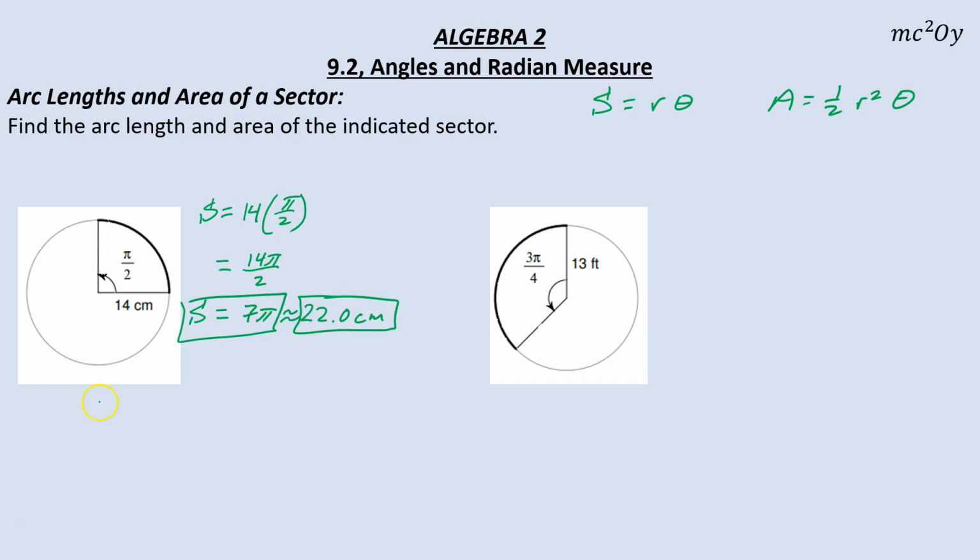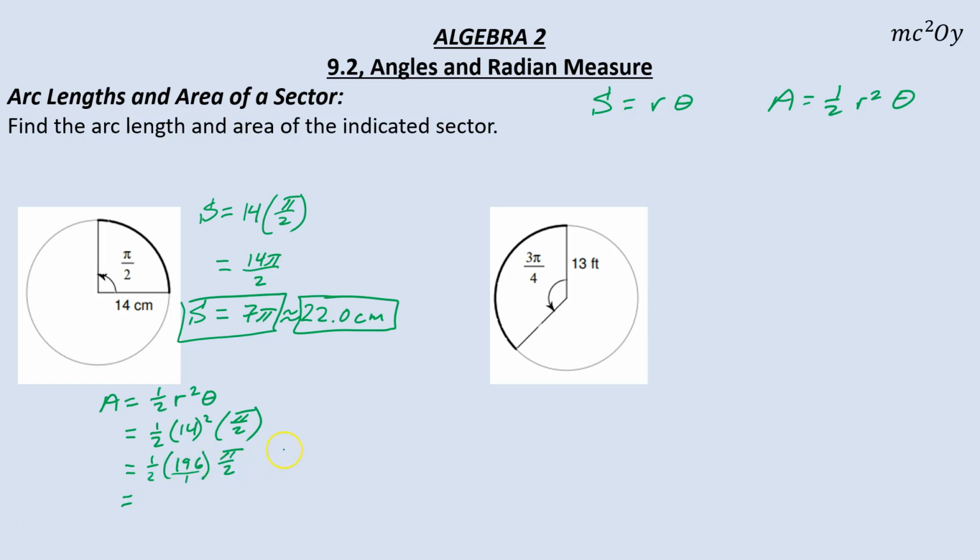Okay, your area is equal to 1/2 r squared theta. In this case, r is 14 squared, theta is pi over 2. So that's equal to 1/2 of 196 times pi over 2. Well, that's 1 times 196, and then 2's on the bottom.